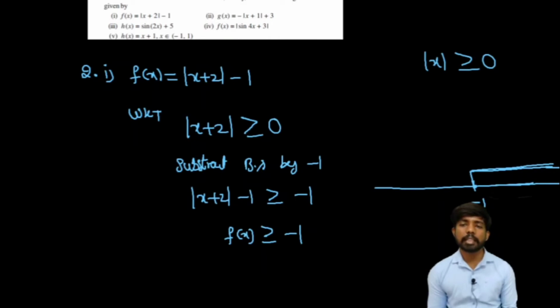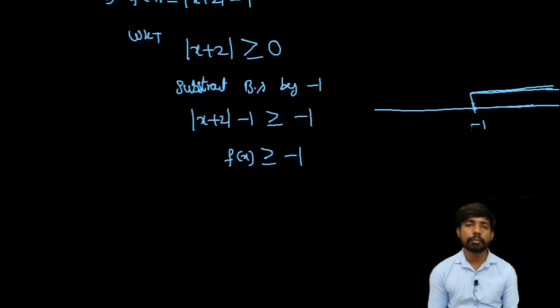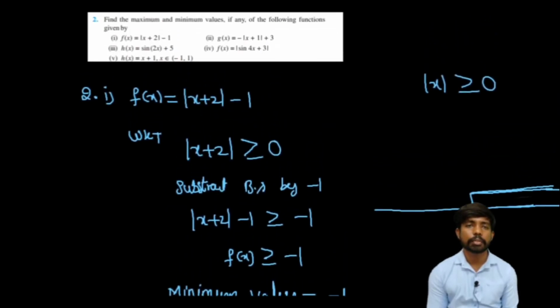But we can't say the maximum value because it is approaching infinity. Hence the minimum value is equal to minus 1. We can't say the maximum value. That's all. This is the solution for the first question.